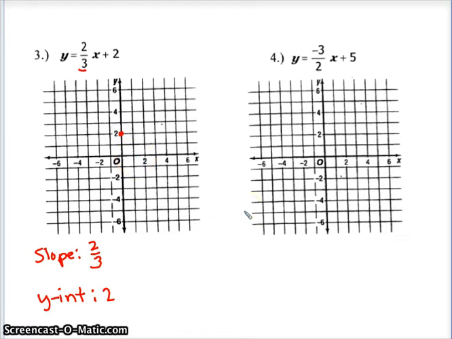Now, when my slope is written as a fraction, it's pretty nice. It tells me, here's my rise, and then the bottom is my run. So I will be moving up 2 units, and then to the right 3. So up 2, 1, 2, to the right 3 units, 1, 2, 3. I will then connect my 2 points with a nice straight line.